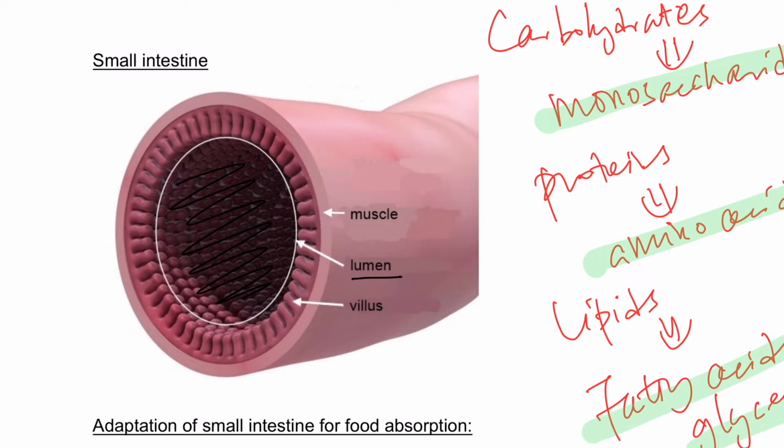Surrounding the lumen, you can see a lot of finger-like projections, and each one is known as a villus. On the outer layer of the small intestine, you can find two layers of muscle which can contract and relax and bring about peristaltic movement to move the food along the small intestine.